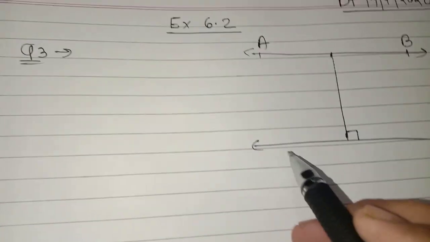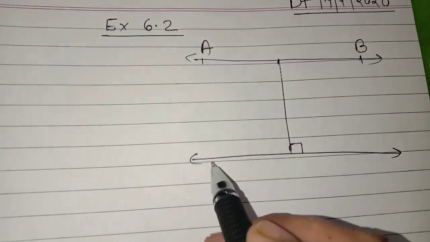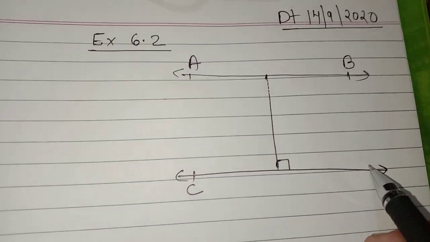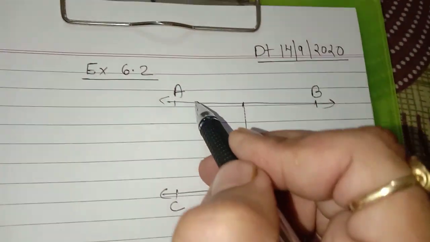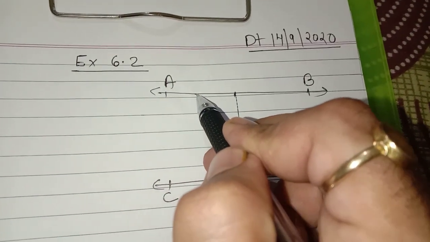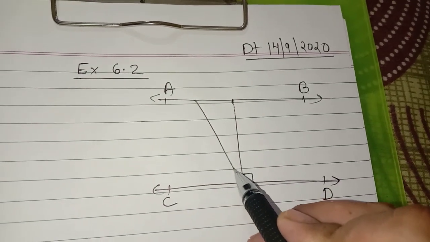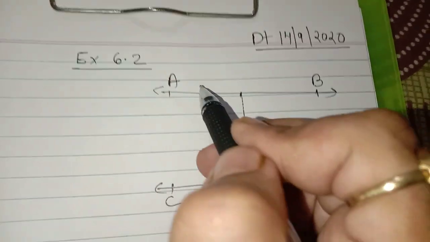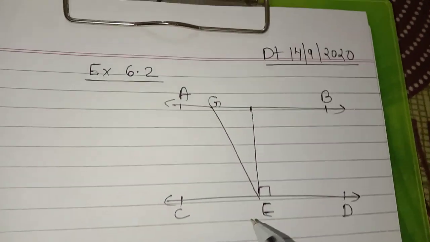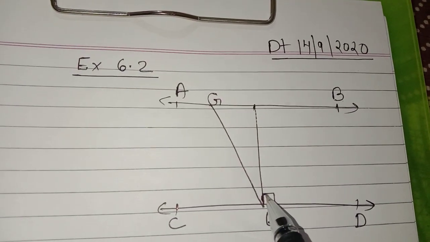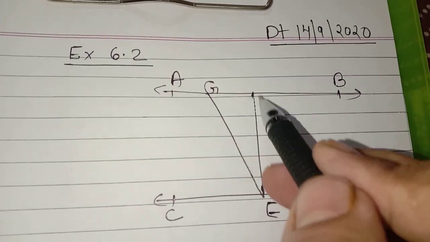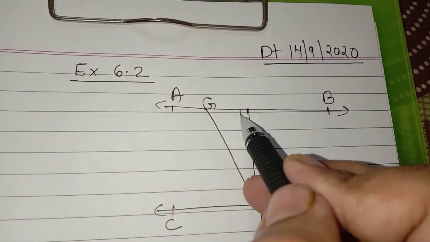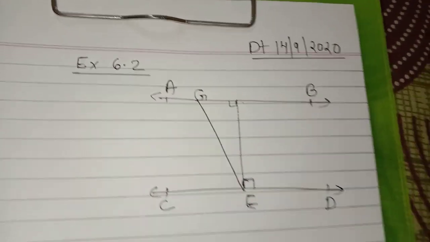It is the third question of exercise 6.2. Now you'll find that a segment is drawn perpendicular from E to G. Now we can say that if one perpendicular is here, so if it is a straight segment, this angle will also be a perpendicular angle.